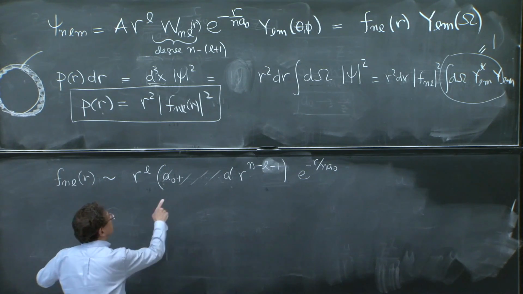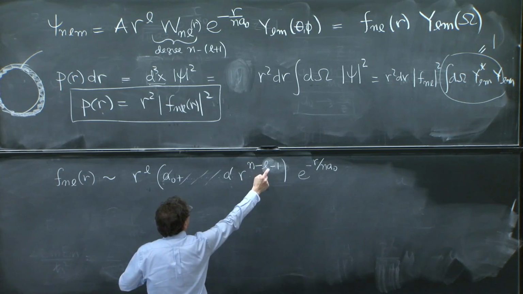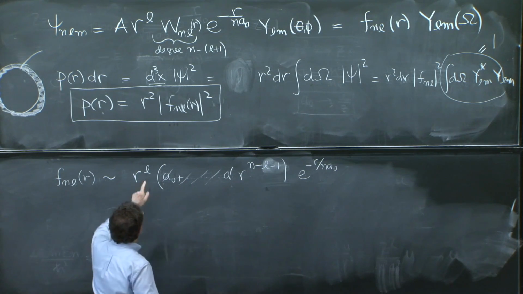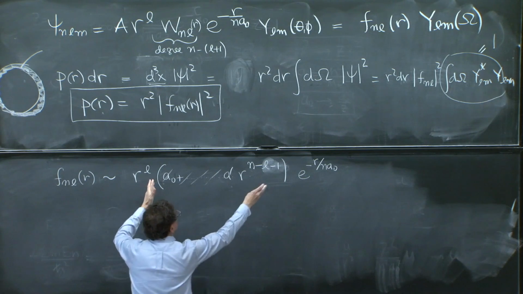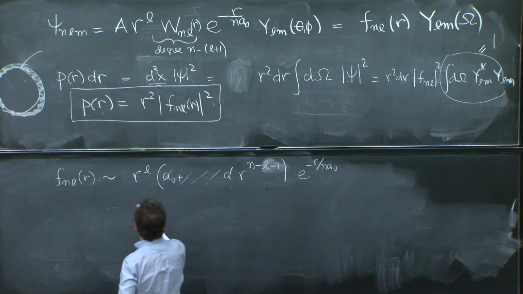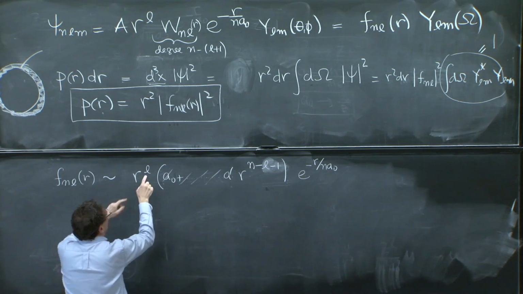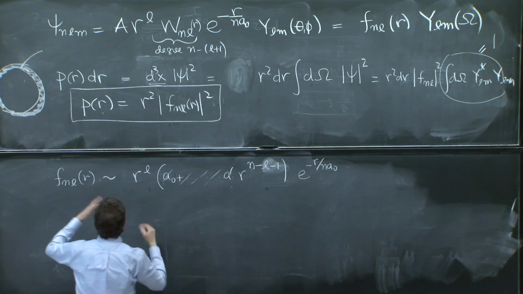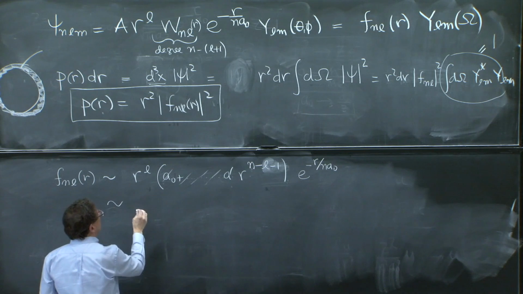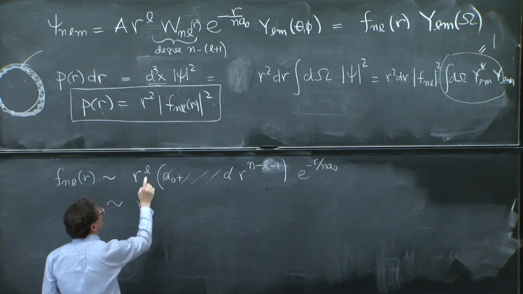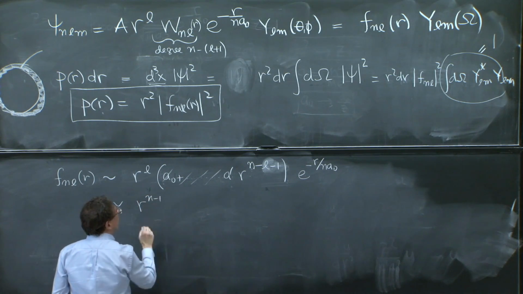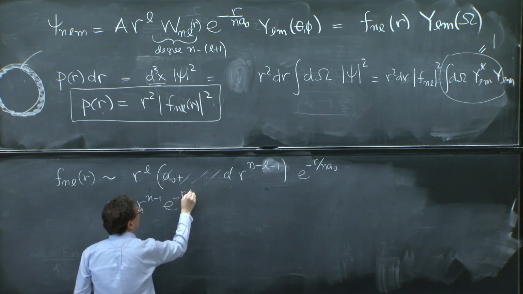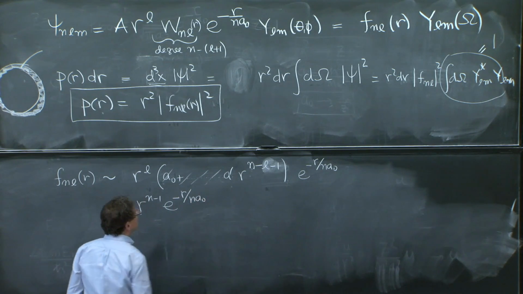The last term in the polynomial, when you multiply it in, begins like r to the L, and the last term is r to the n minus 1. So let's take this to be proportional to r to the n minus 1, e to the minus r over n a 0.